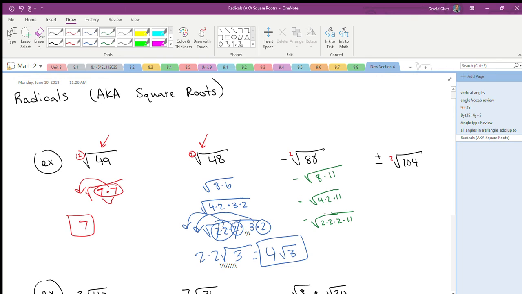So we have a pair of 2s right here. So one goes away, the other one comes out. So negative 2. So notice the 2 and this 11 were not circled because they don't have a pair. They don't have an exact match of each other, so they have to stay in there. So 2 times 11 will stay in there. So our answer will be negative 2 times the square root of 22.